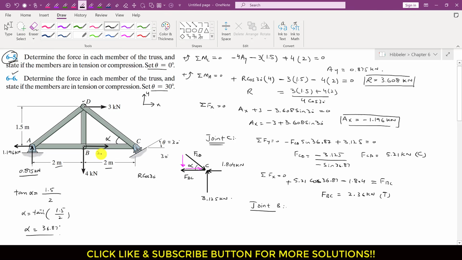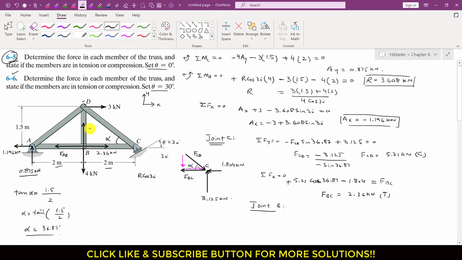This is 2.36 kilonewton. Similarly, let's assume that member AB is in tension as well. Let's say that FAB is applying the force on joint B in this direction, and let's say that FBD is applying the force on joint B in this direction.